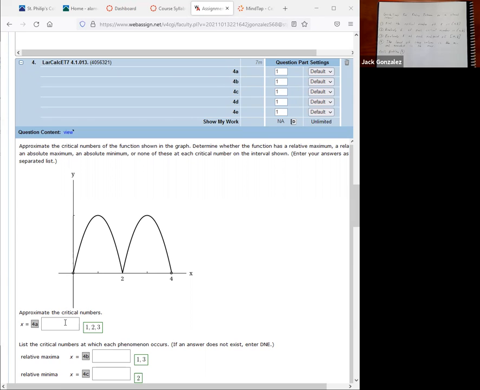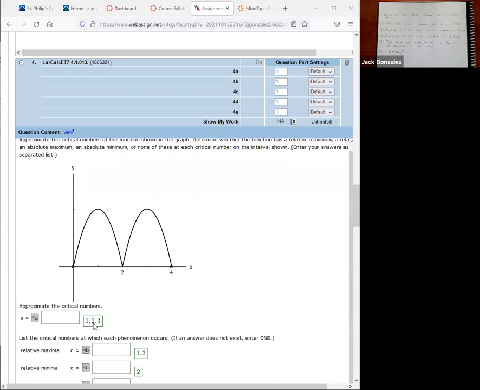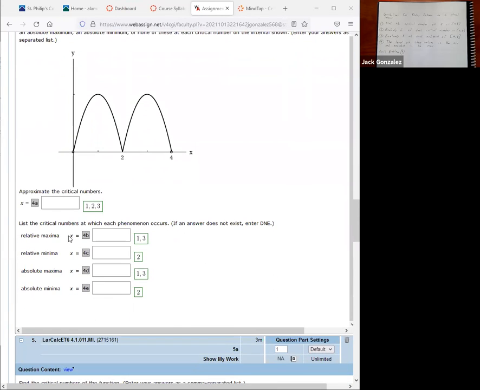Remember, we wrote down the theorem that said that at all relative extrema, where f of x is equal to f of c, those c numbers are going to be critical numbers. So then they ask you, what is the maximum, minimum?